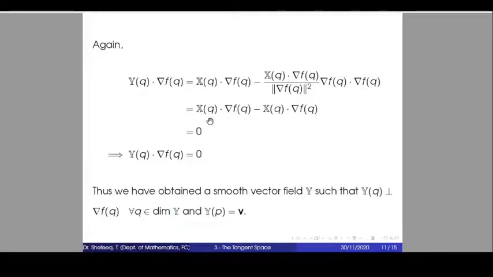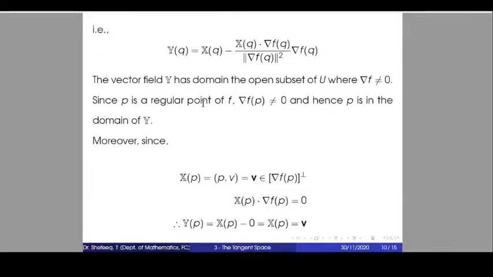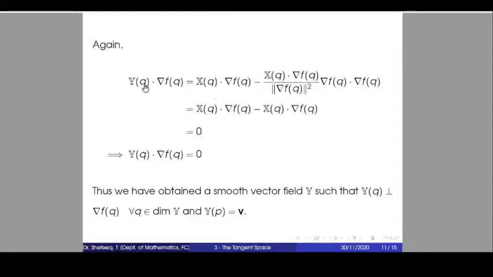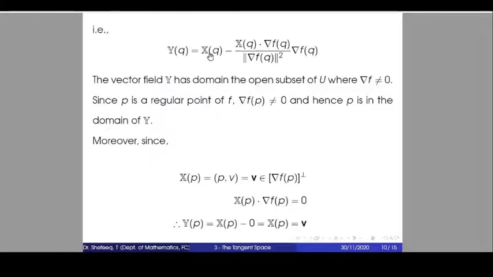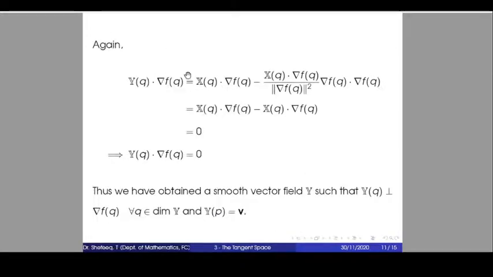Again, y of q dot del F of q is equal to x of q dot del F of q minus, since we have already defined y of q here, we take the dot product with del F of q.